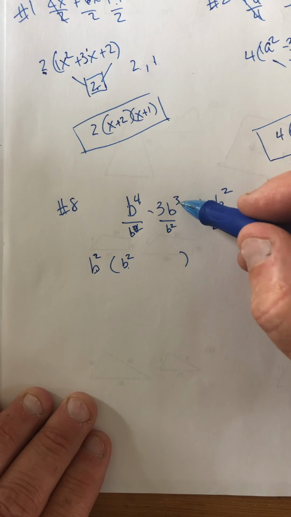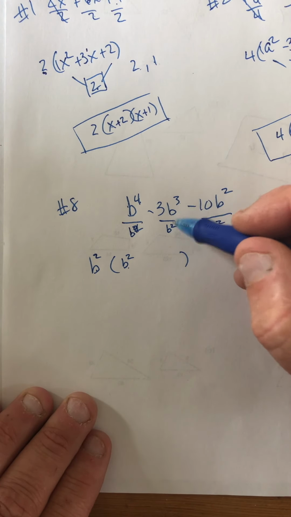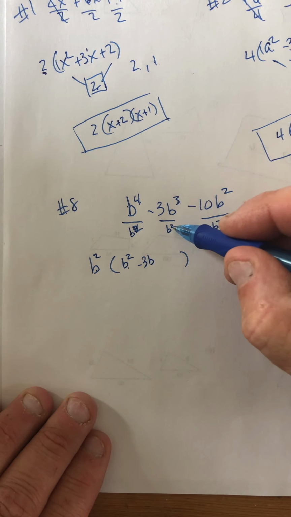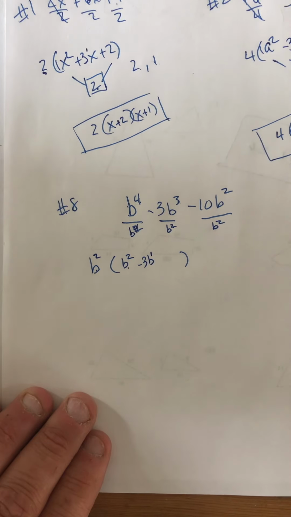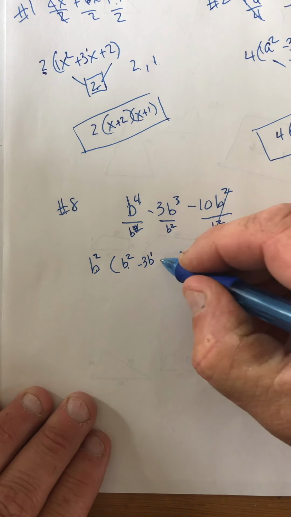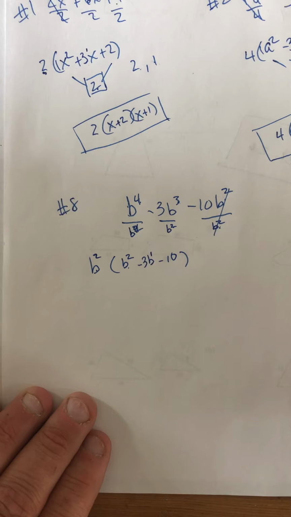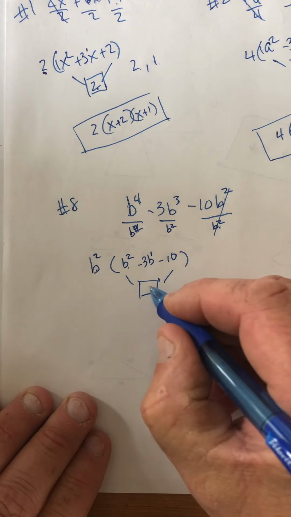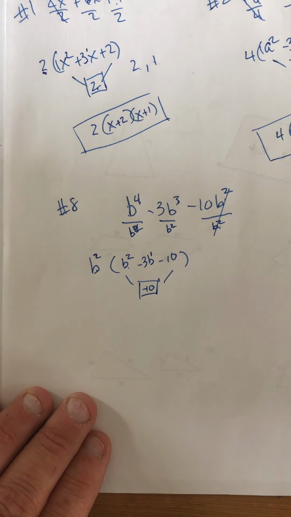Negative 3b to the 3rd divided by b squared gives negative 3b, because 3 minus 2 leaves me with b to the 1st. And the b squareds, anything divided by itself cancels out or gives you 1. So that just leaves me negative 10. So my bars and box: I have negative 10 in the box.